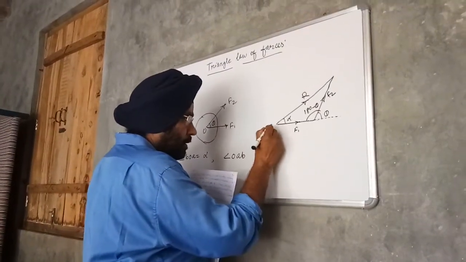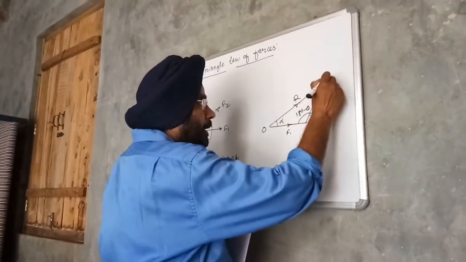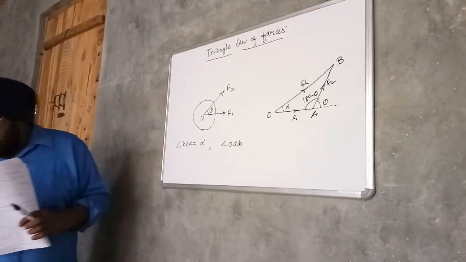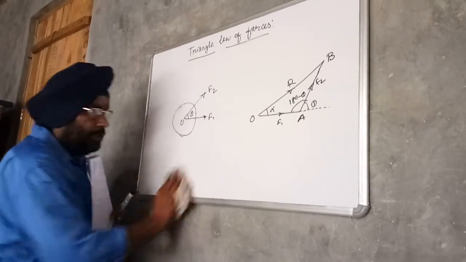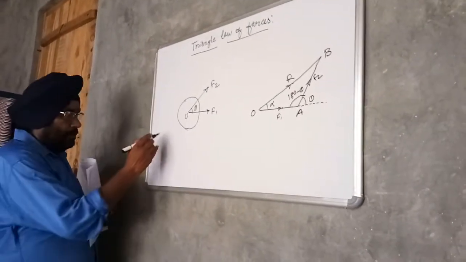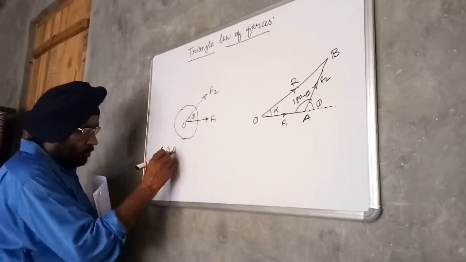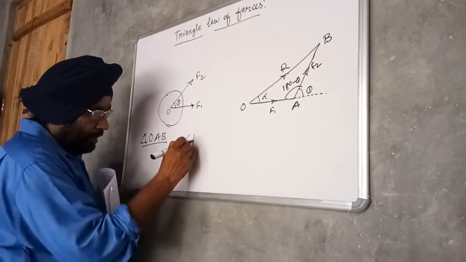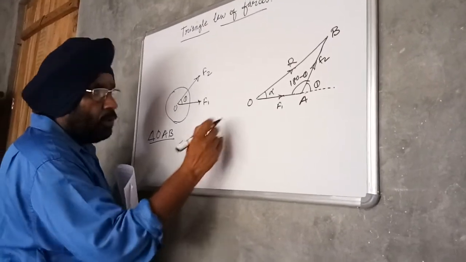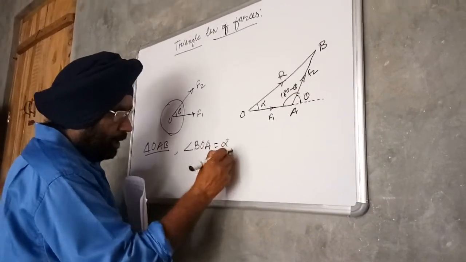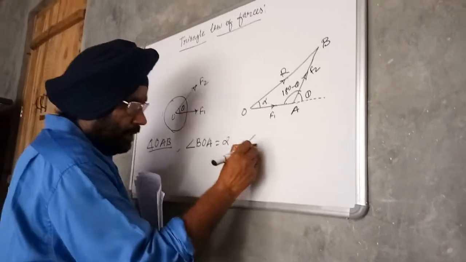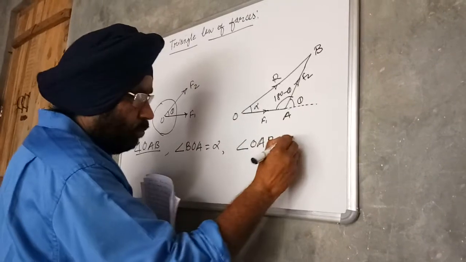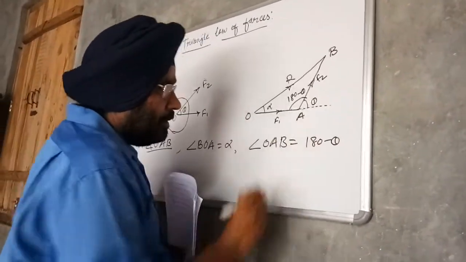Now in the triangle OAB, angle BOA is alpha, and angle OAB is 180 degrees minus theta.